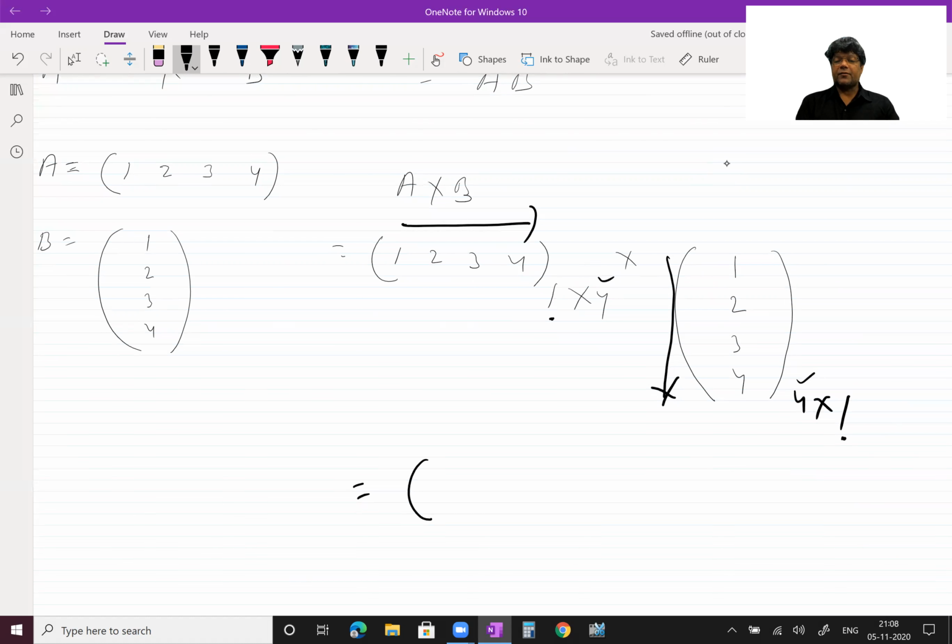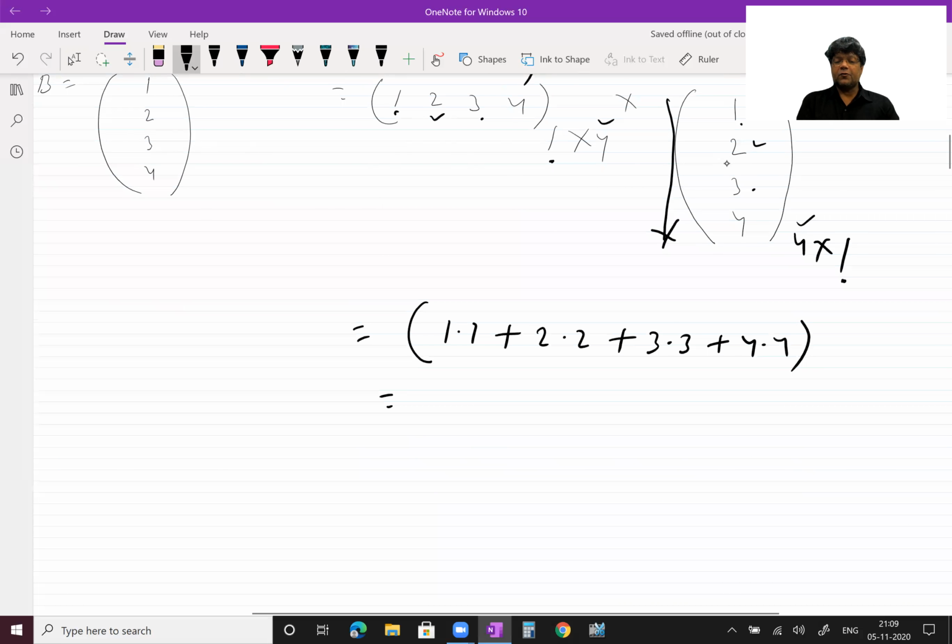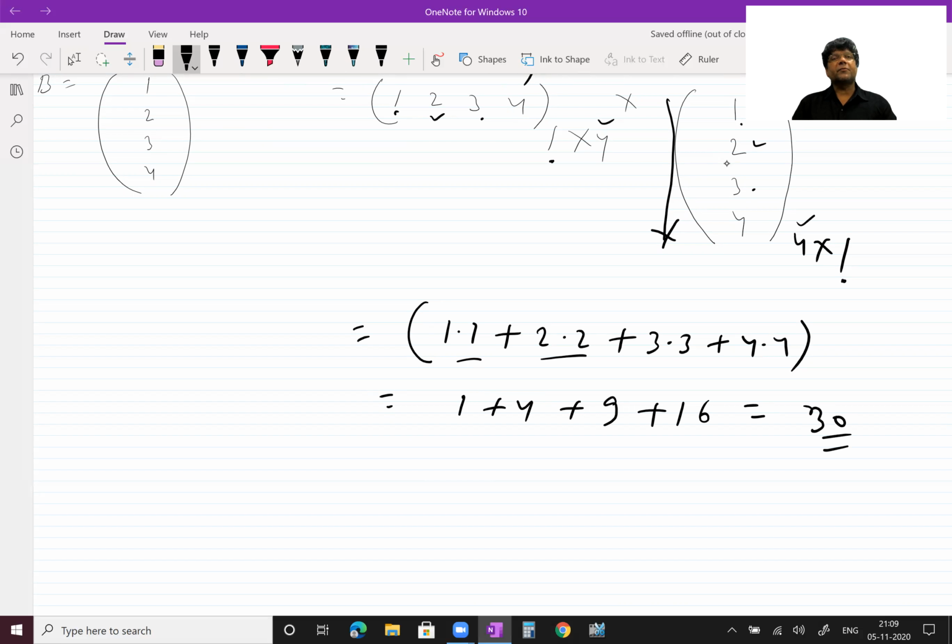The result will be 1 into 1 plus 2 into 2 plus 3 into 3 plus 4 into 4. That is 1 plus 4 is 5, 3 threes are 9, 4 fours are 16. 16 plus 9 is 25, plus 5 is 30. So only one element, 30.